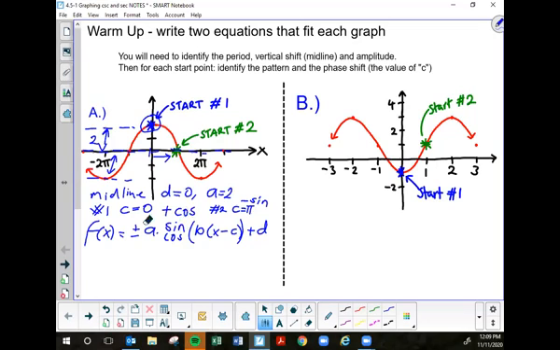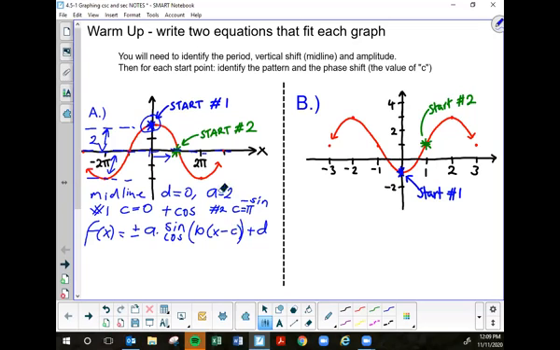So what do we know so far? I'm going to write out 2 different equations. One's going to be a positive cosine, where this value of C is going to be 0. The other one, for our second equation for this green start here, is going to be a negative sine, where this value of C is pi.